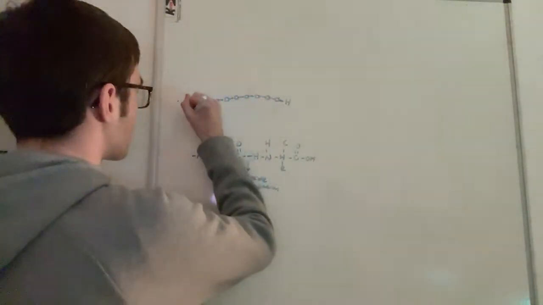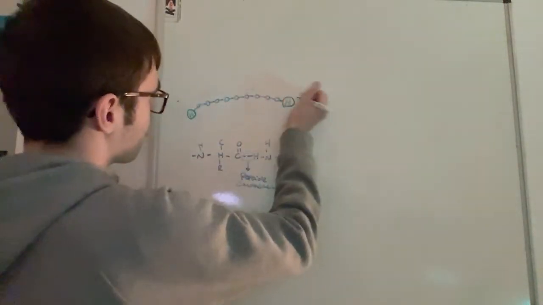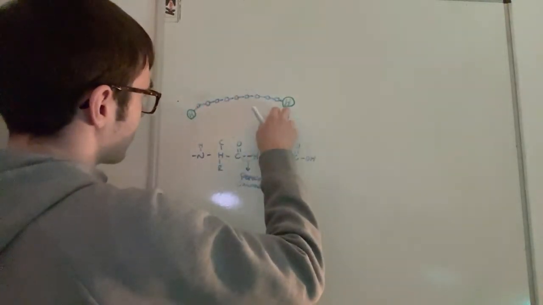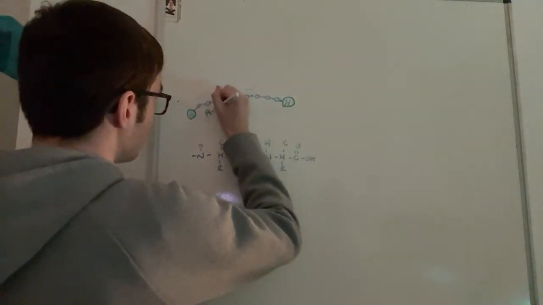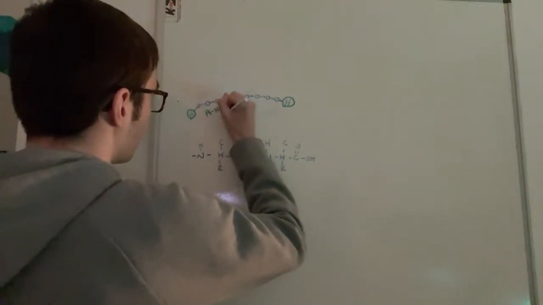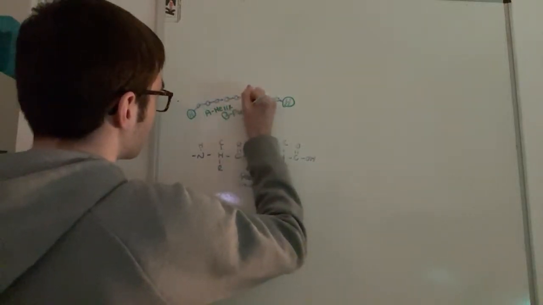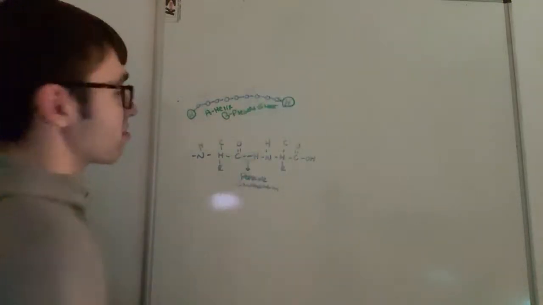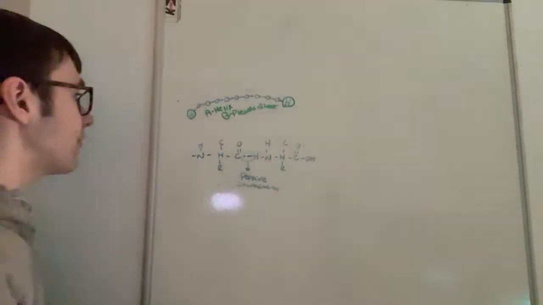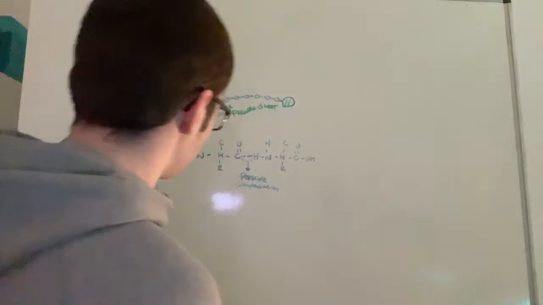So the secondary protein structure is when hydrogen bonds formed at the end of a primary structure fold or coil. And it either folds into an alpha helix or a beta pleated sheet. One of those. So alpha helix, beta pleated sheet.